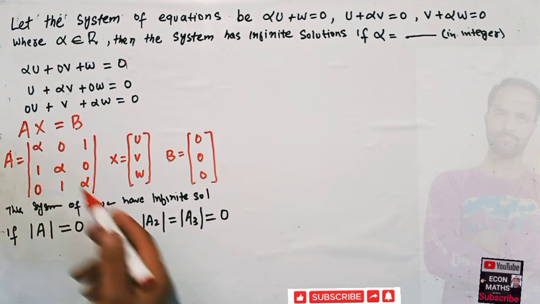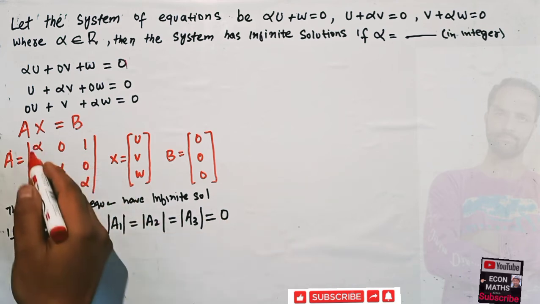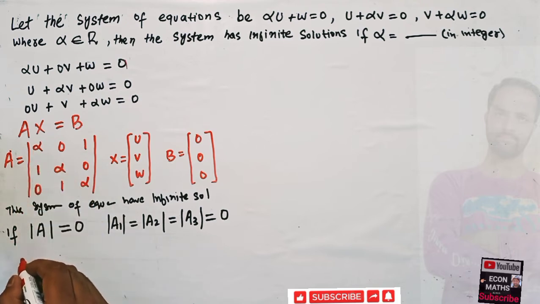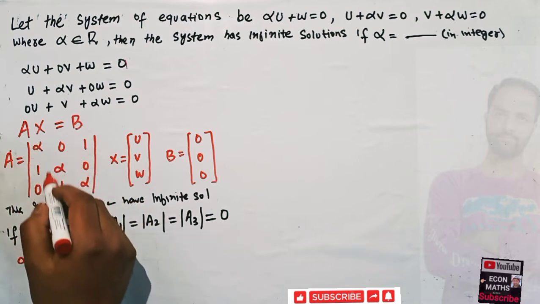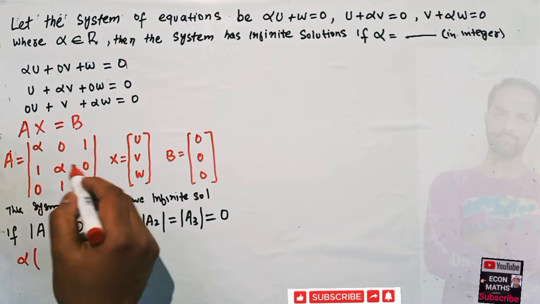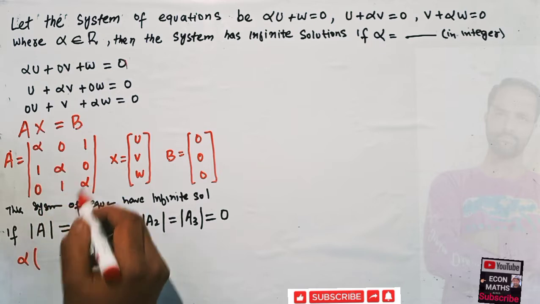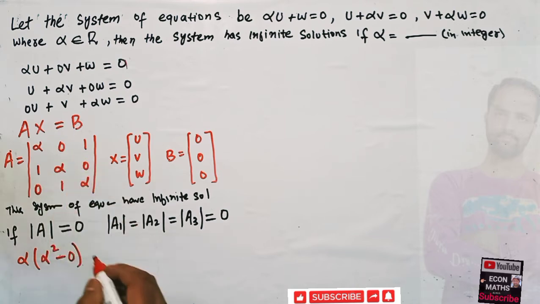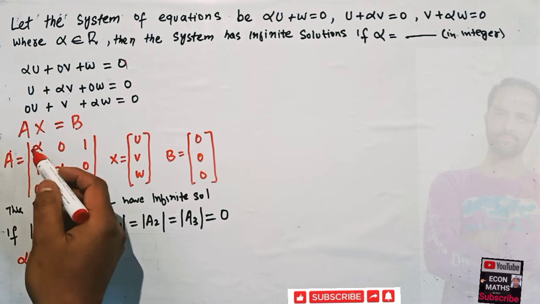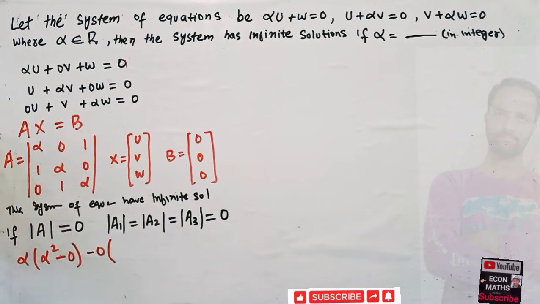Taking the determinant of this matrix, first we have alpha, so I will write here alpha. Now mentally deleting this row and this column and taking the determinant of the remaining elements, that means alpha into alpha is alpha square, minus 1 into 0 is 0. Then we write minus times 0. First we have plus, then minus, then plus. This is from the formula.